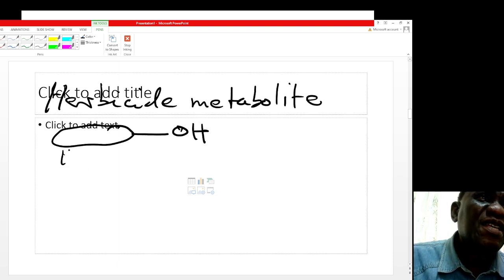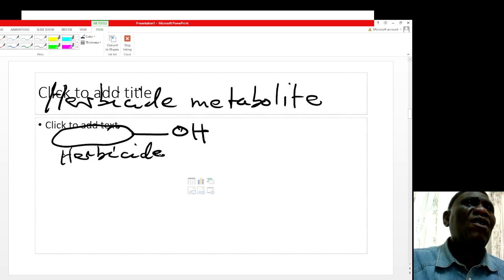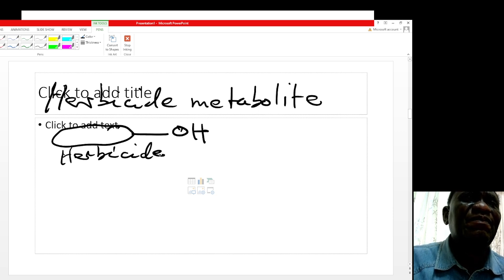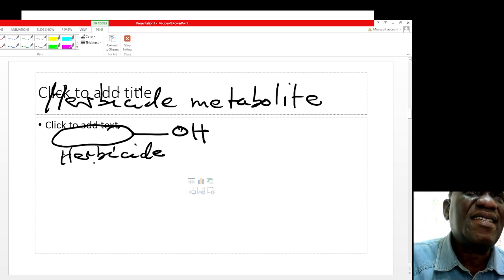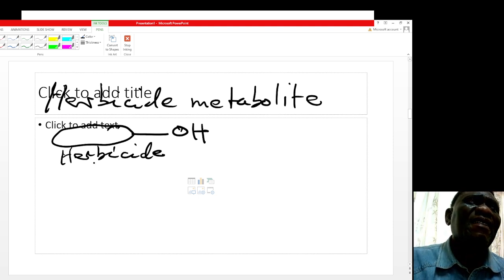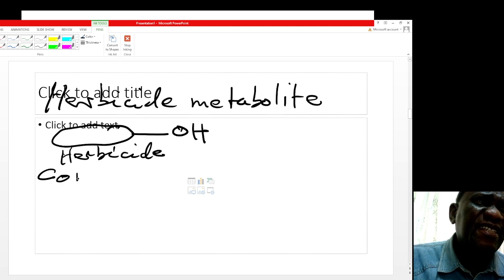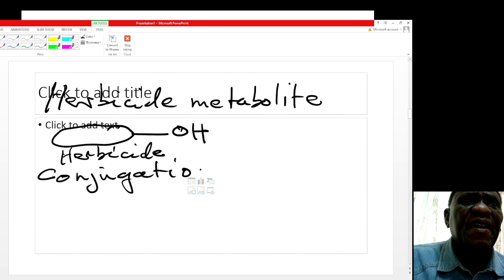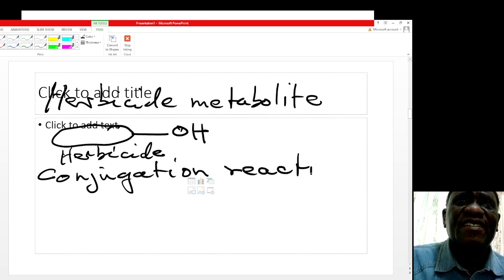So this is our herbicide. So what is going to happen is that glutathione is going to combine with this herbicide radical in a conjugation reaction.